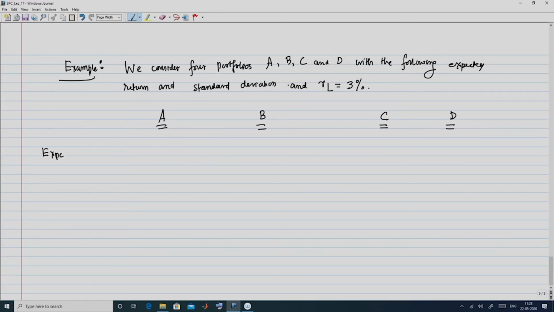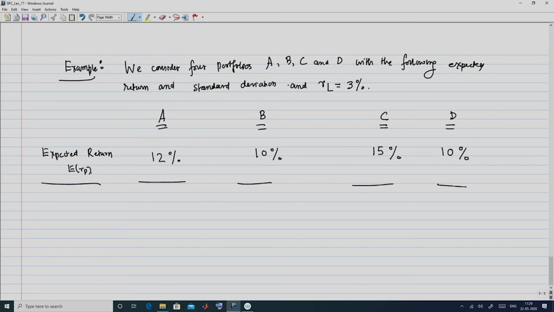So, first of all, let us have the expected return denoted by E of R p. For portfolio A it is 12%, for portfolio B it is 10%, for portfolio C it is 15% and for portfolio D it is 10%. Okay, so next we have the standard deviation sigma p. For portfolio A this is 9%, portfolio B is 4%, portfolio C it is 10% and portfolio D it is 8%.